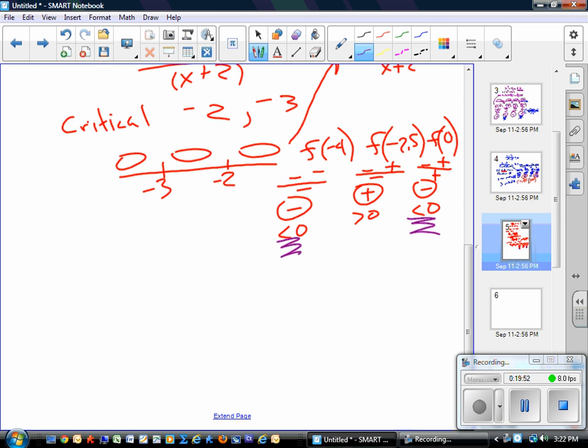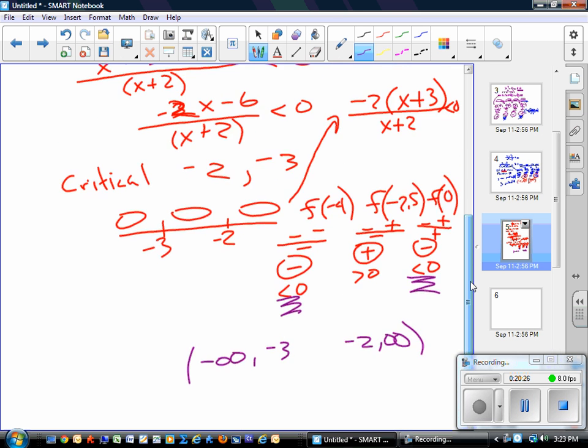Therefore, my solution will be from -infinity to -3, and from -2 out to infinity. The infinities can both be parentheses. Now the question is, can x equal negative 3? Well, to figure that out, you have to look back at your original equation. So really quickly, let's do that because it's no longer on the screen.